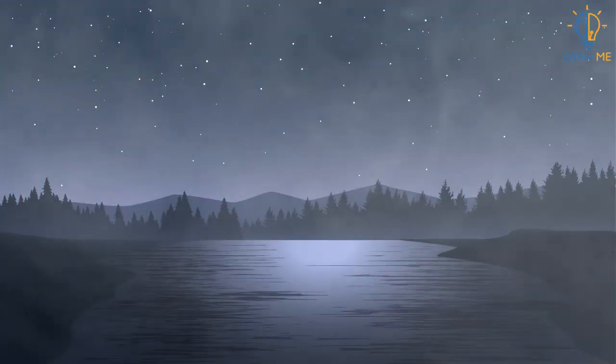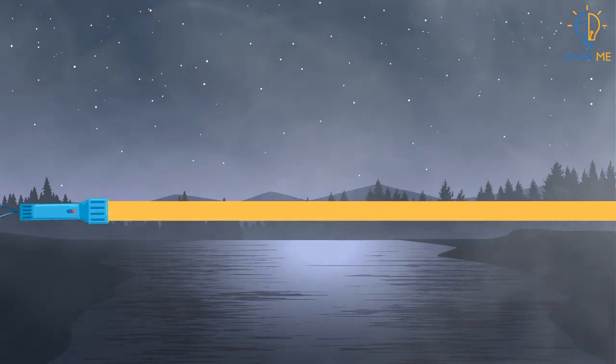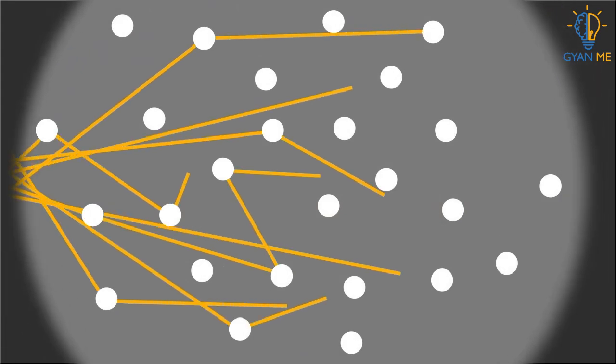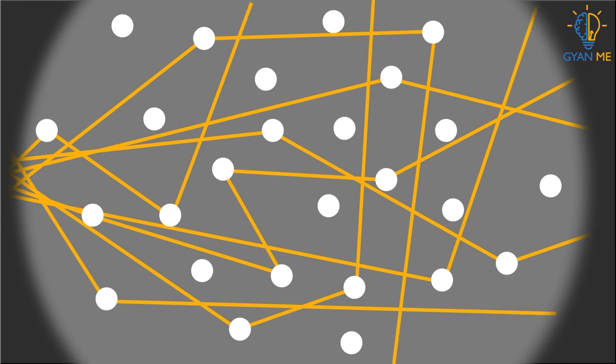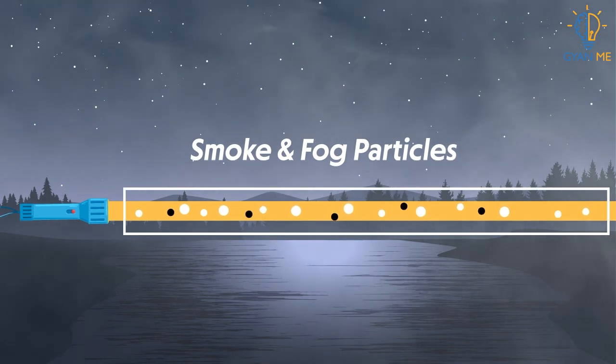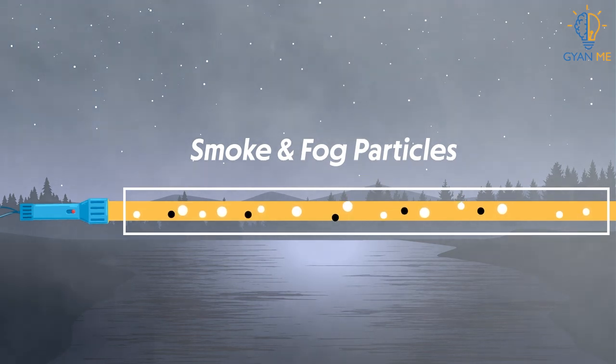In fact, when a torch is switched on in a foggy environment, the path of light becomes visible. Here, the water droplets in the fog are responsible for the light scattering. So fog is a kind of colloid solution. Not only is the path of light visible, but also smoke or fog particles become visible due to the scattering of this light by the particles suspended in the air of the room.